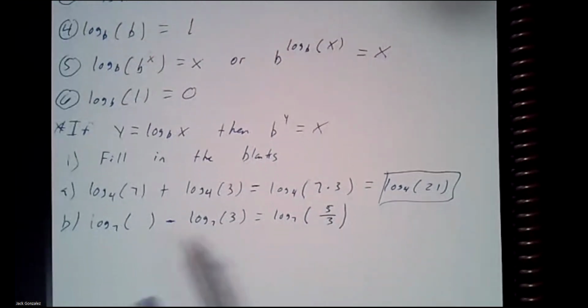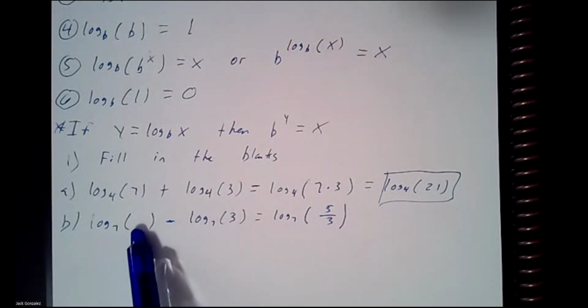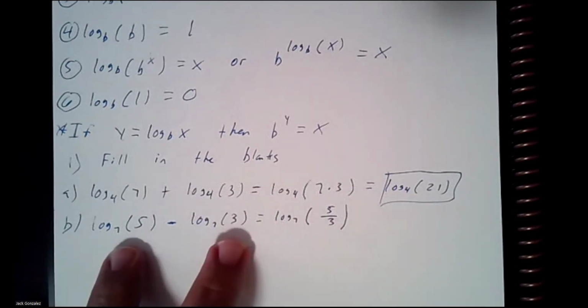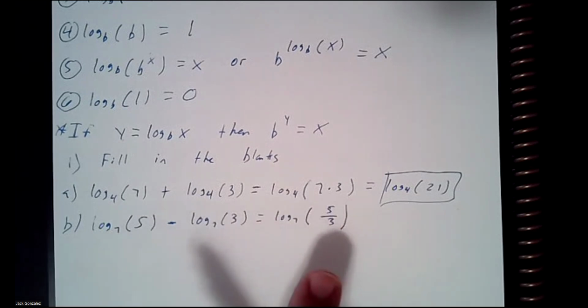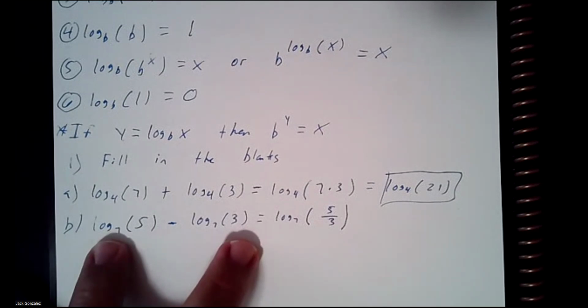So if we're going backwards, right? 5 and 3. So what goes in here? Yeah, it has to be, right? So if you have a difference, you can change them into a fraction. If you have a fraction, you can separate them into a difference.